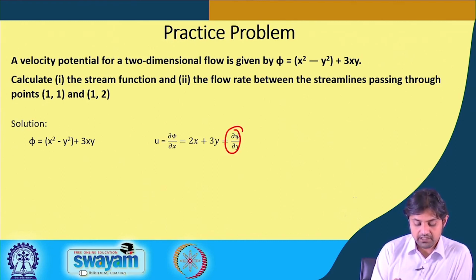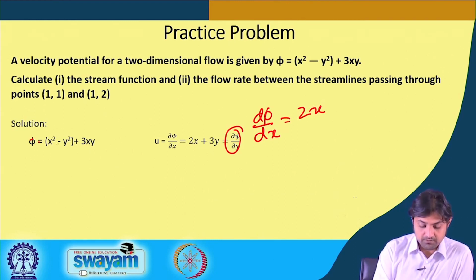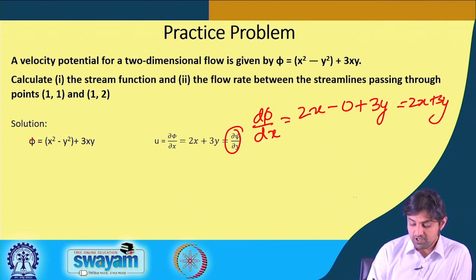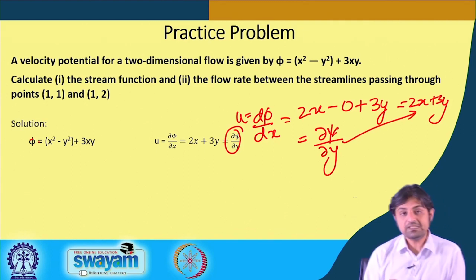So del phi by del x is equal to 2x minus 0 plus 3y, or 2x plus 3y. But this del phi by del x, or u, is also equal to del psi by del y. So we can simply integrate this to obtain psi.